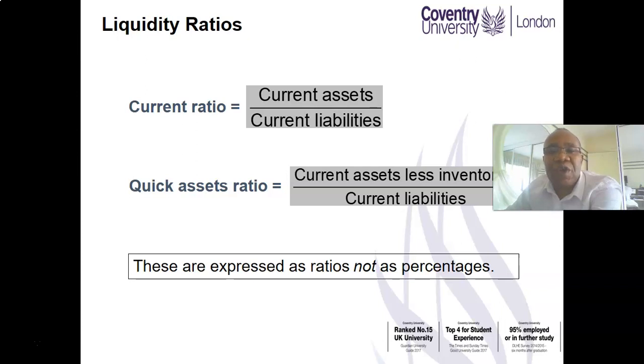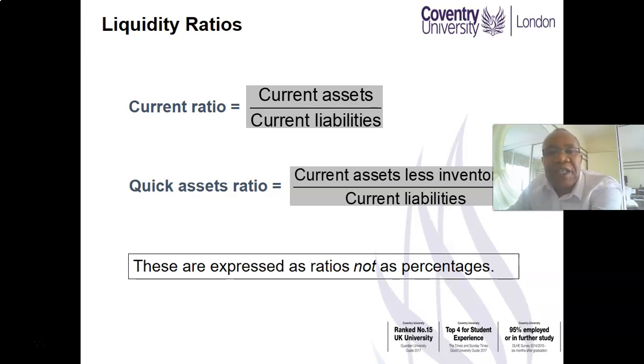So, for example, it could be 2 to 1 or 1.5 to 1. The norm is usually 2 to 1 for this ratio. Of course, different industries may have different norms. It will not be the same norm for a manufacturing industry compared to a retailer. But when this ratio is high, it simply means that the company has enough current assets to pay its debts when they fall due.